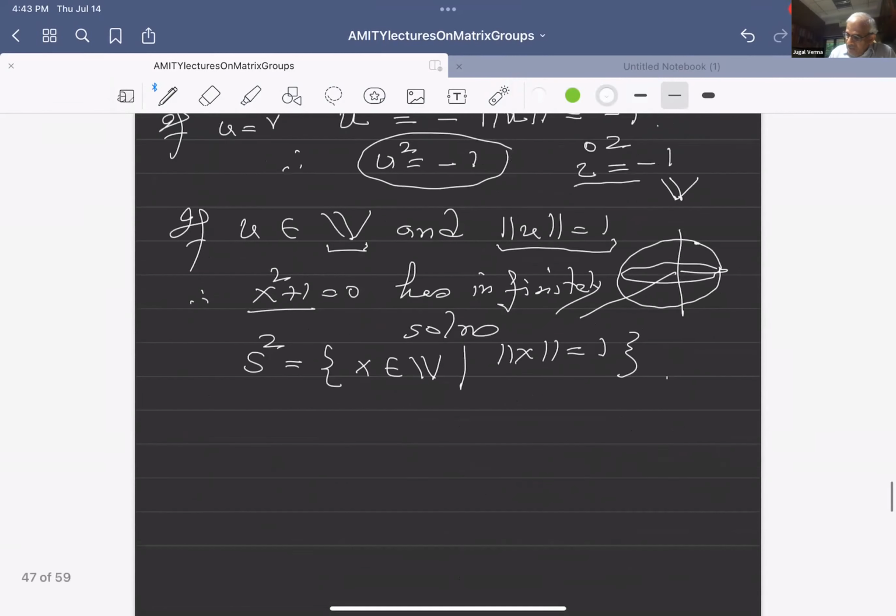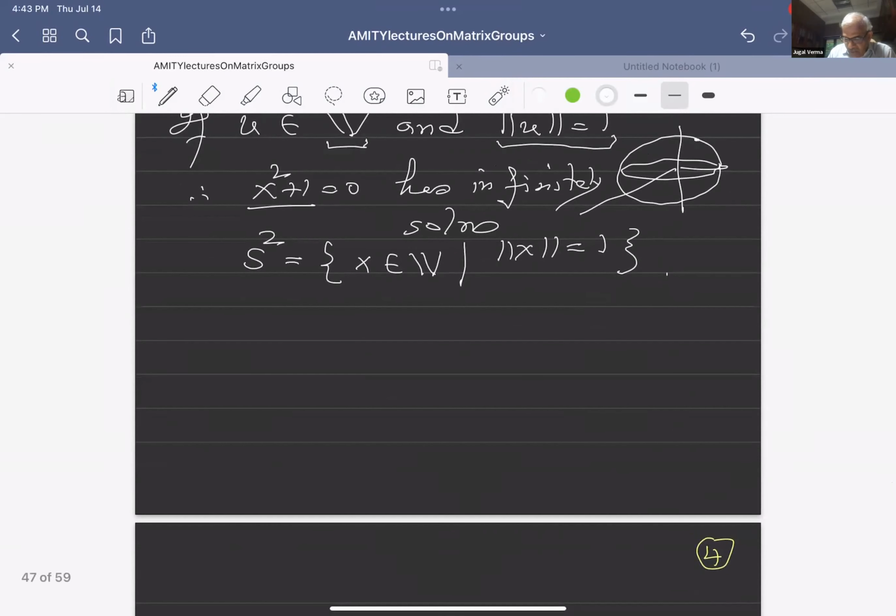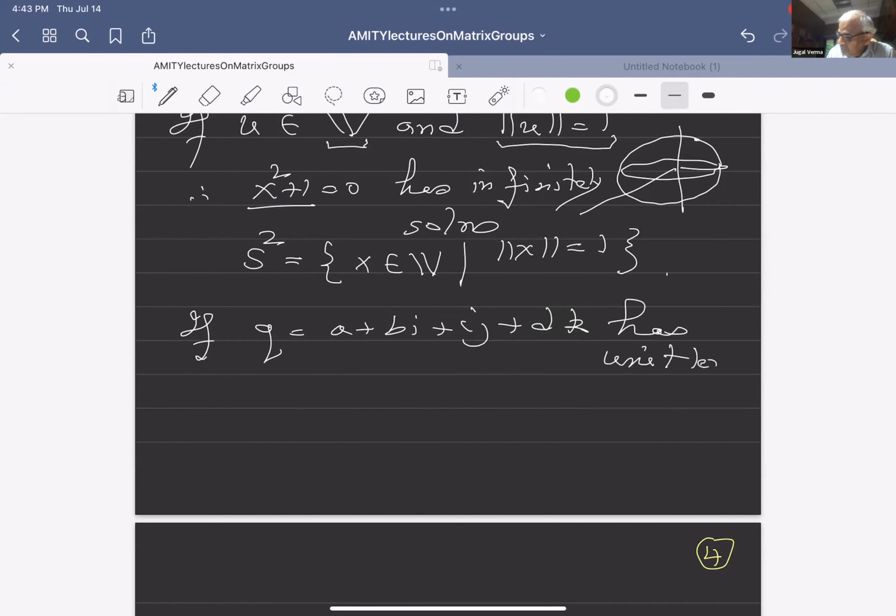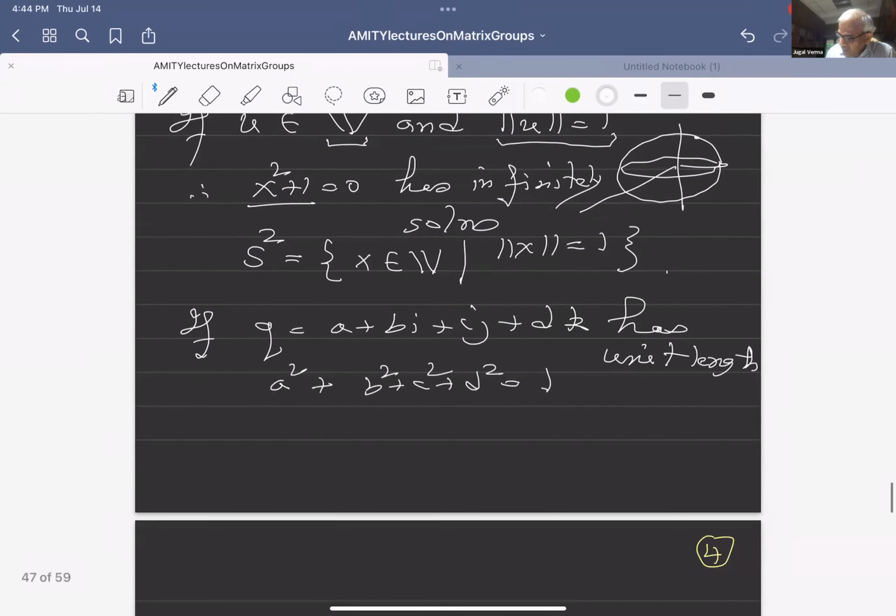Now, if I take any quaternion of unit length, if Q equal to a plus bi plus cj plus dk has unit length, that corresponds to a point on the 3-dimensional sphere, and then a square plus b square plus c square plus d square is 1. So I write a as cos theta, and I write the square root of b square plus c square plus d square as sine theta.